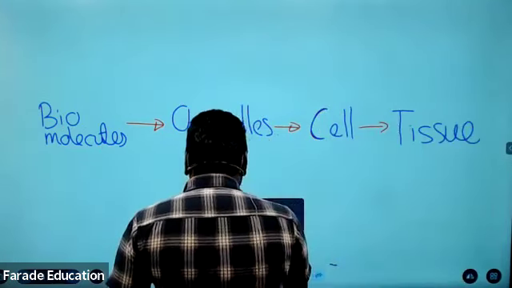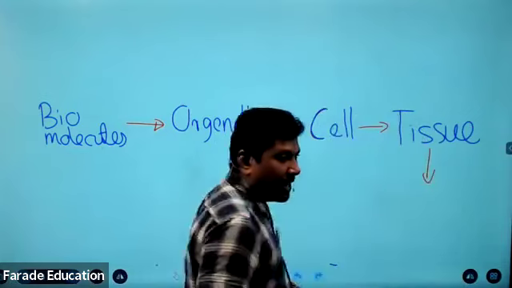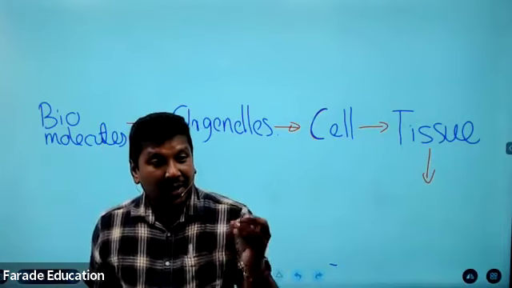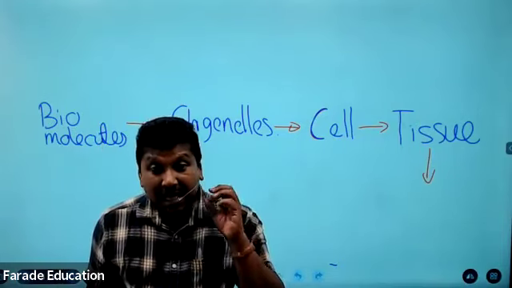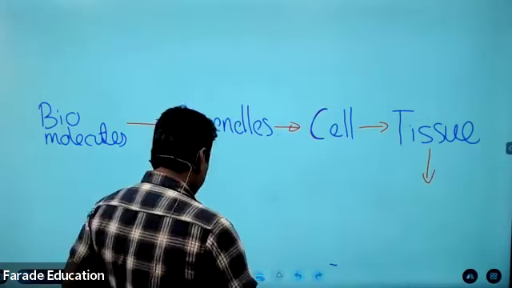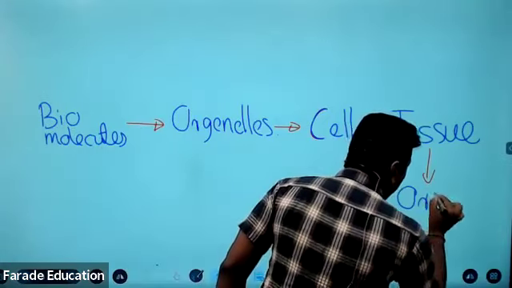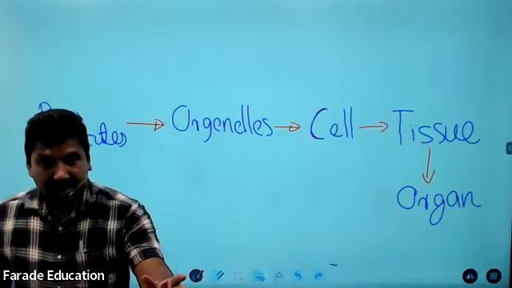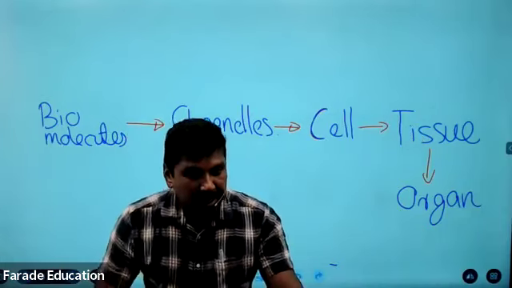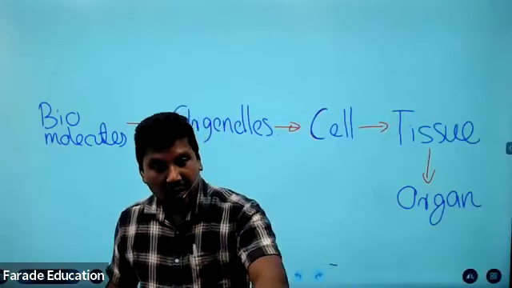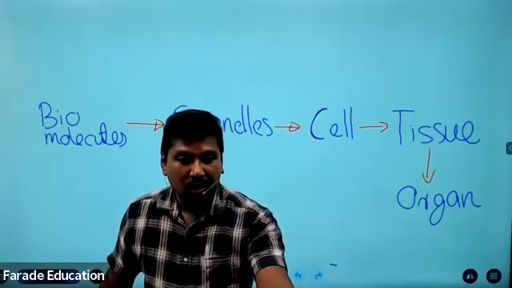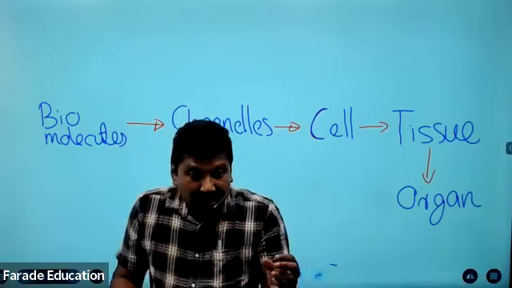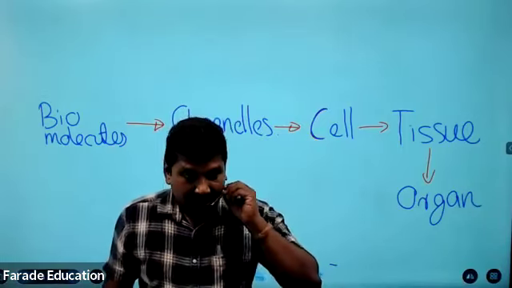Tissues get together and they form a different nice structure for a different function that is called an organ. For example, heart is an organ, liver is an organ, skin is an organ, kidney is an organ, testis is an organ, ovary is an organ, uterus is an organ. So you make that sort of different organs from different tissues.